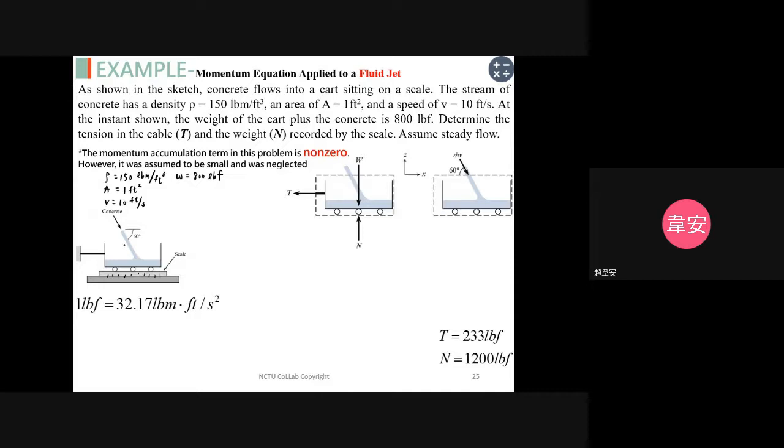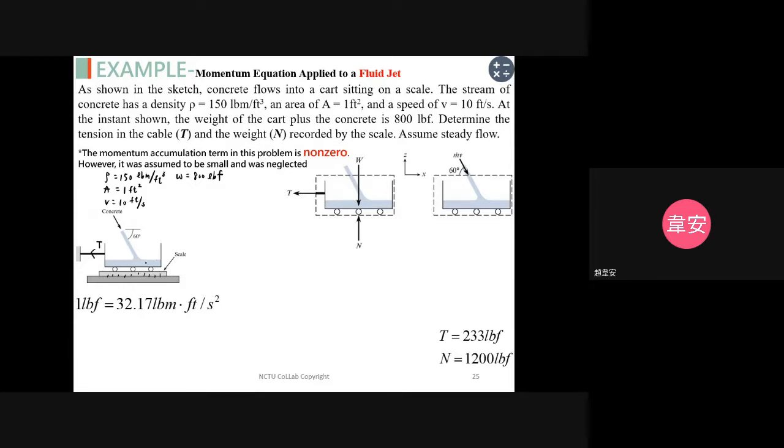Because the concrete flow shoots into the car, it will let the car move to the right, so we need an additional tension force to hold the car so it doesn't move. And what is the weight recorded by the scale?